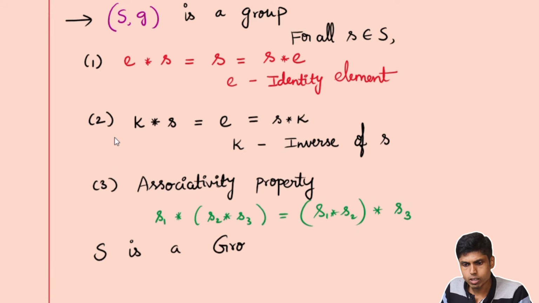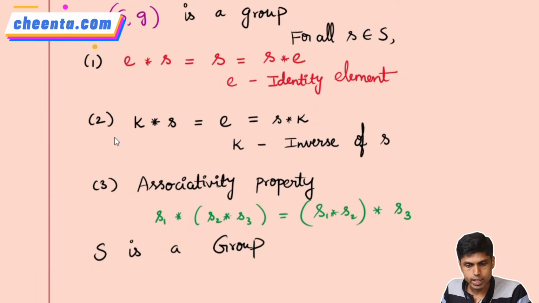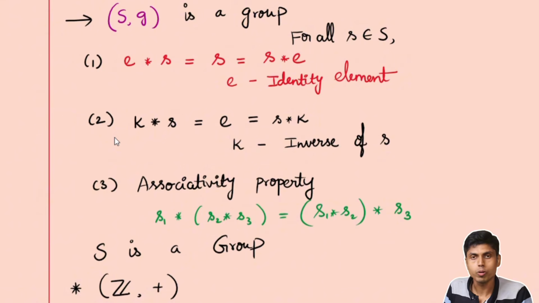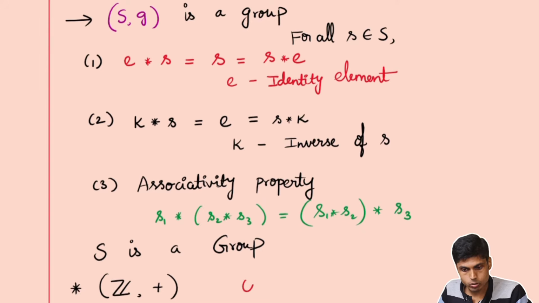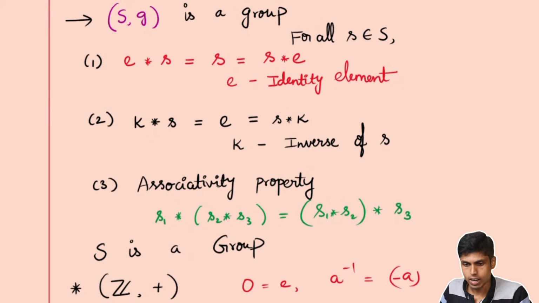An example will make it more clear. The set of all integers Z with addition as the group operation will make it a group, because the identity element is 0 and the inverse of a particular element A is just minus A, which is also an integer, and addition is associative.